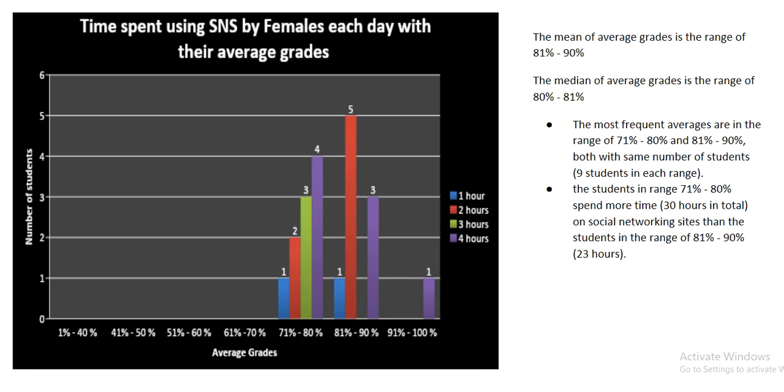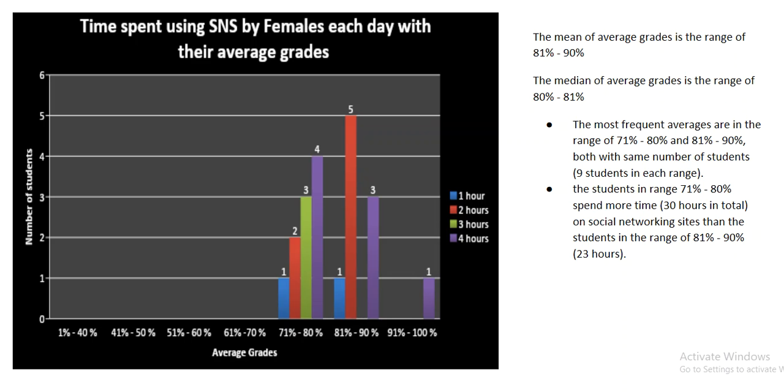The median of average grades of females is in the range of 80% to 81%. The most frequent averages are in the range of 71% to 80% and 81% to 90%, both with the same number of students, 9 students in each range.